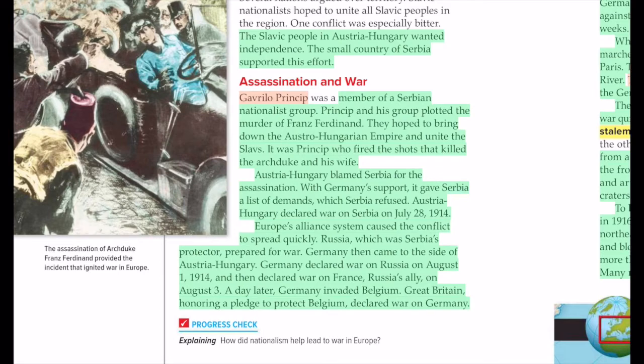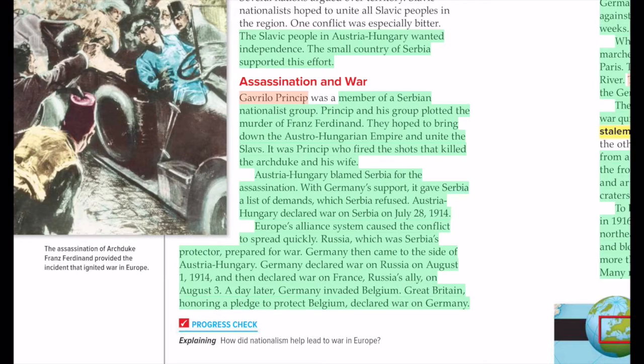And of course, Austria-Hungary is very mad, and they blame Serbia, even though Gavrilo Princip wasn't acting on behalf of the country of Serbia. But they're held to blame, and there's been a lot of tension because of all this nationalist feeling of the Slavs, right?